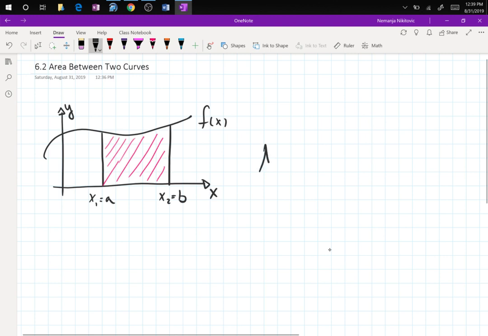So area is defined, I'm going to do this in blue actually, as the integral from a to b, and those are your x1 and x2 limits, of the function f of x times dx. F of x produces the height, dx produces the width, and f times dx in this case is going to be the area under the curve.